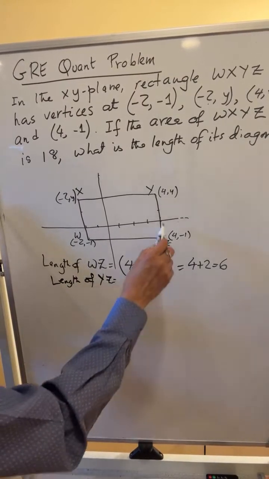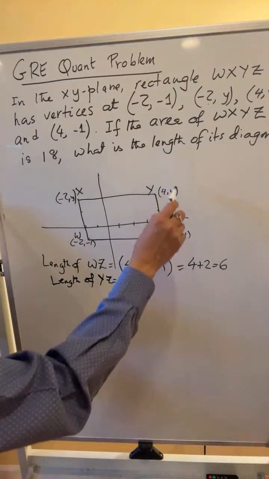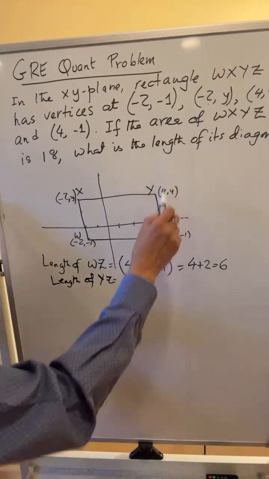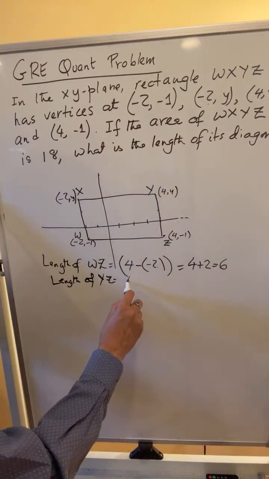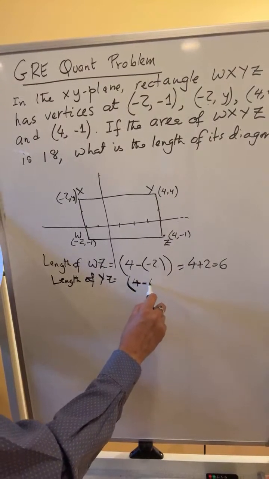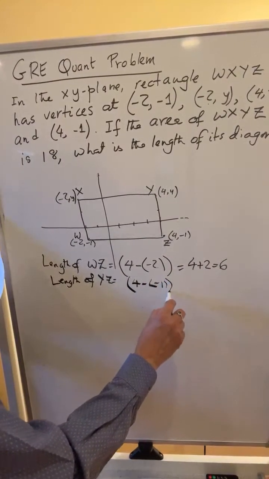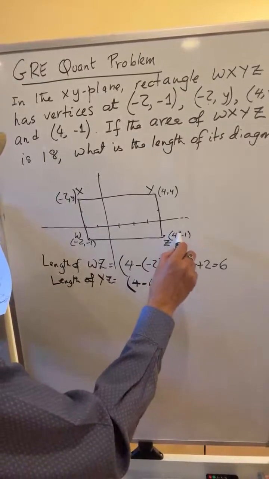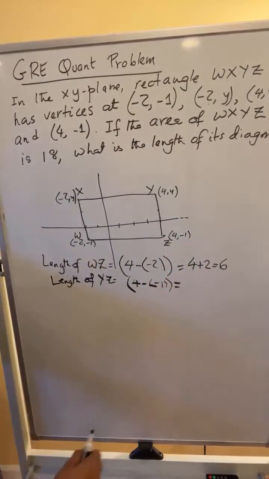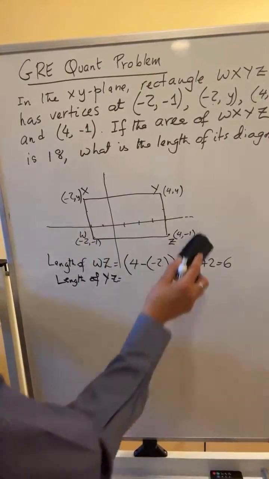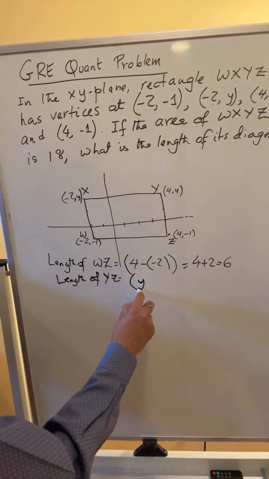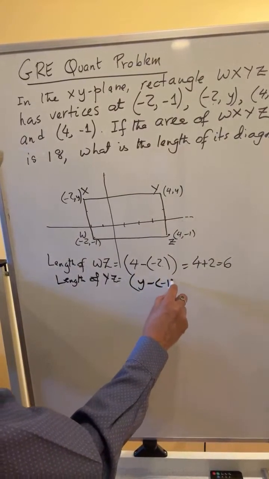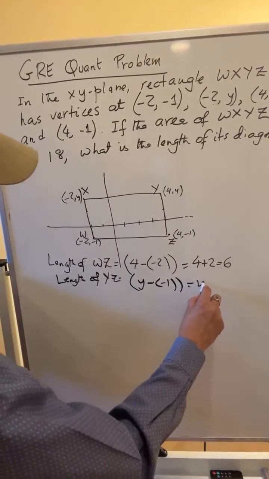Again, in this case, the x coordinates are the same, so the difference in the y coordinates will be the length of Y and Z. So it will be 4 minus 1, which is 4. Sorry, I made a mistake. It is not 4. We are taking a difference of their y coordinates, not x coordinates. So it is y minus (-1), which is y plus 1.